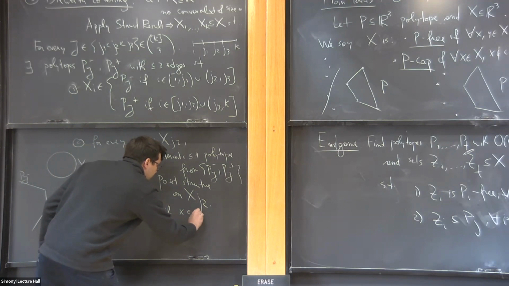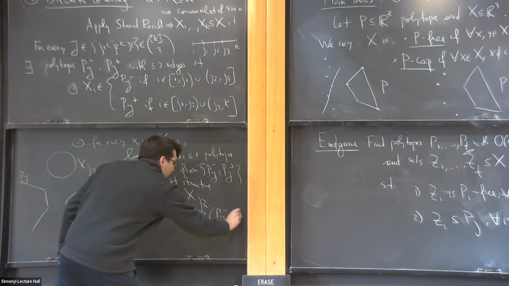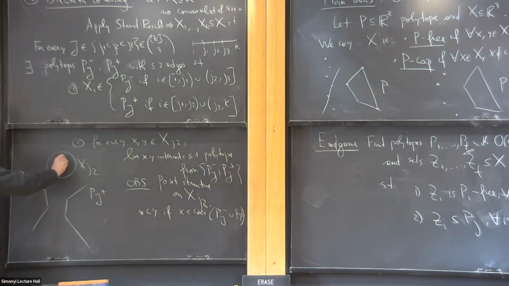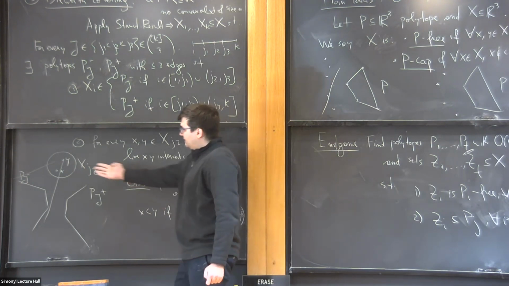Now the opposite structure: another point, x belongs to the convex hull of PJ minus union y. Here, something like this. I take the convex hull of PJ minus, and x is inside. This relation, it's easy to check that it satisfies all the conditions. It's a poset. Notice the chains in this poset are pretty interesting.